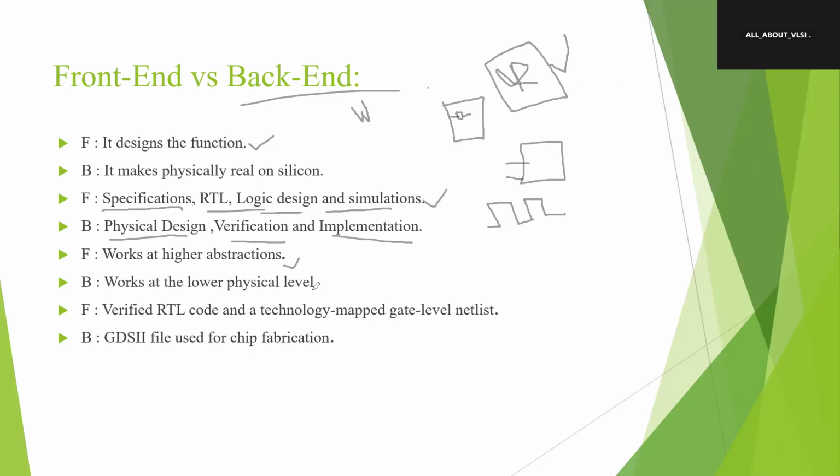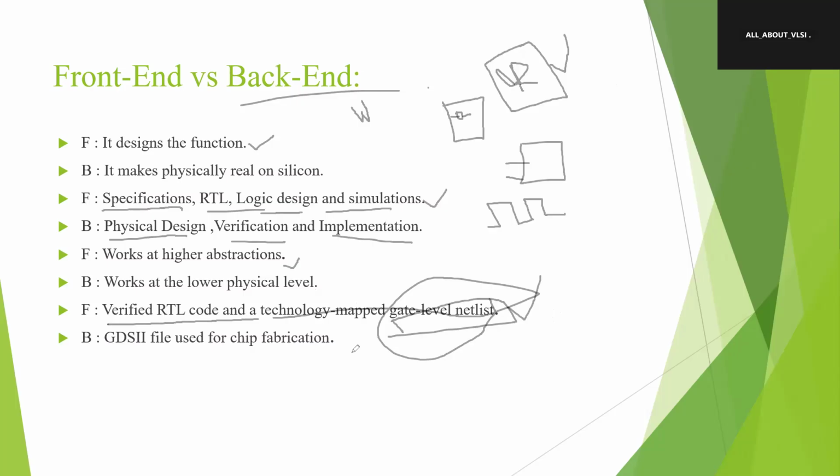Backend people work completely on the physical design flow, right? How we are placing the things and all. After that, front end people verify the RTL code and the technology mapped gate level netlist. The output of front end people is the gate level netlist. This gate level netlist is given as input to the physical design people, which means backend people.